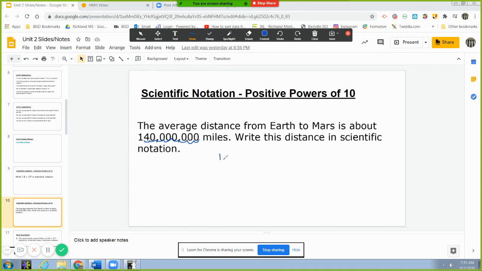So we know this is going to be 1.4 times 10 to the 8th power. And we can see that the decimal comes right after the first digit, so the number in front of the decimal is between 1 and 10.